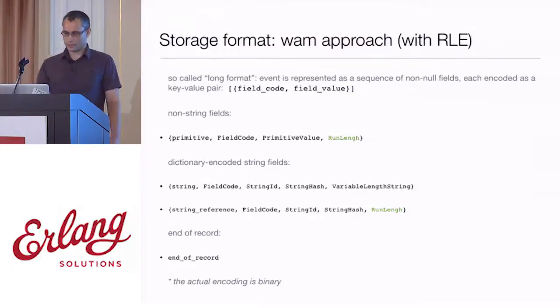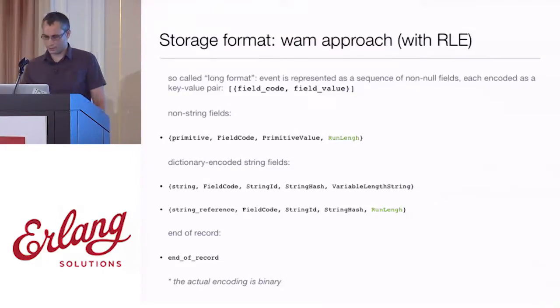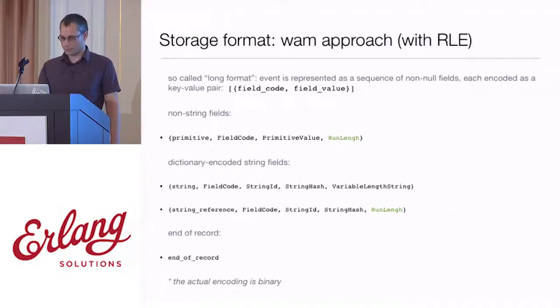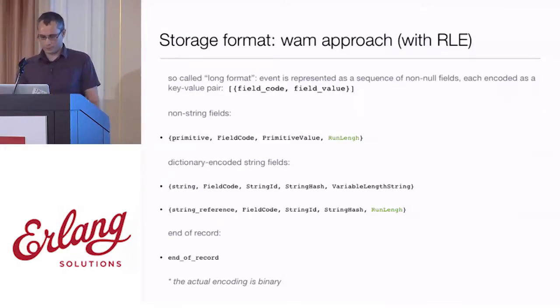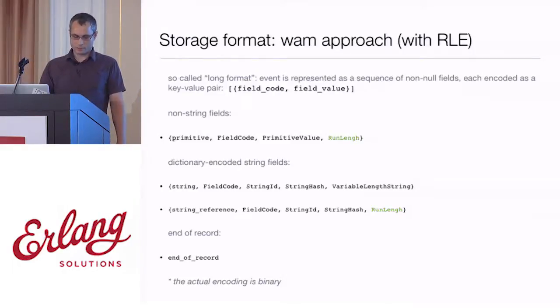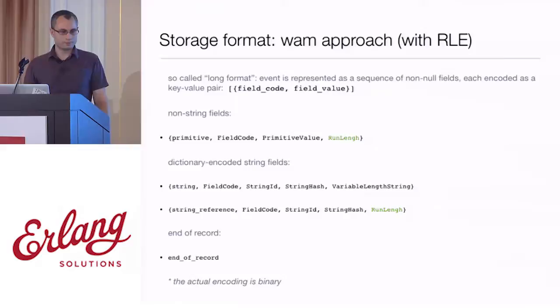A typical practice used in columnar databases is called run length encoding. If you have a column value that spans several consecutive rows, that's called a run.